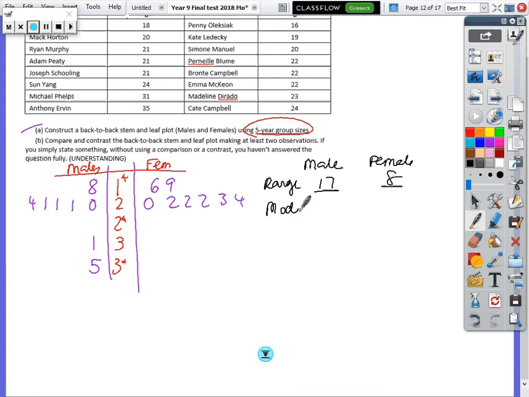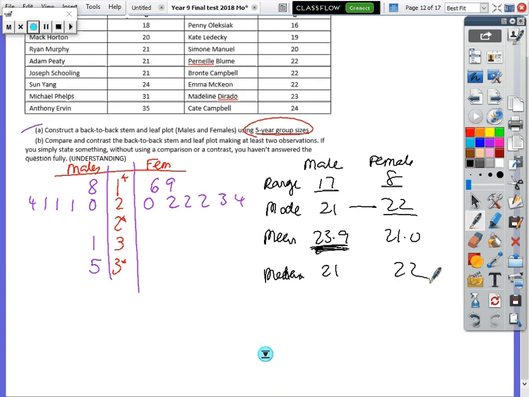The mode was 21 and 22, so you could say the females had a bigger mode, or you could have said that they're similar. The mean was 23.9 versus 21.0. So you could have said that the mean for the boys is higher than the girls. The median was 21 as compared to 22. So you could have said again that the median for the girls was slightly higher than the boys. So you just had to not only state it, but you had to make a comparison.